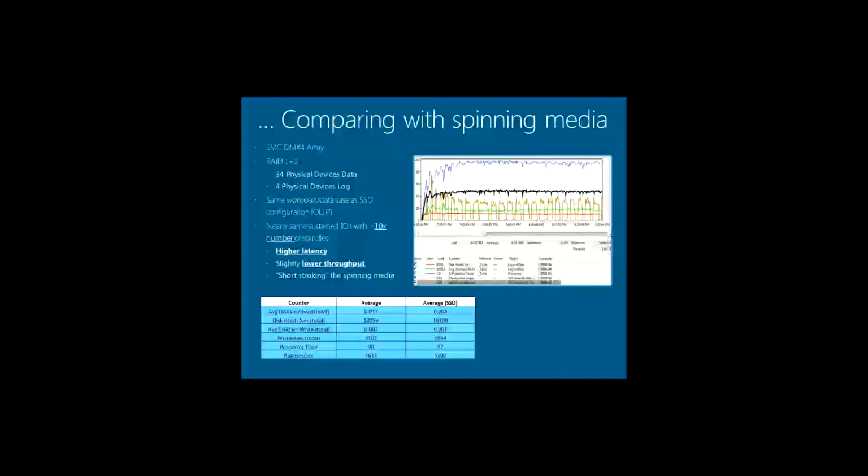So we had 34 devices for the data and 4 separate devices for the log. Same workload, same server, same configuration, same sustained I/O, with 10 times the number of spindles, significantly higher latency. If you look at the first line there, the seconds per read and seconds per write, they're significantly higher, and the throughput is slightly lower.